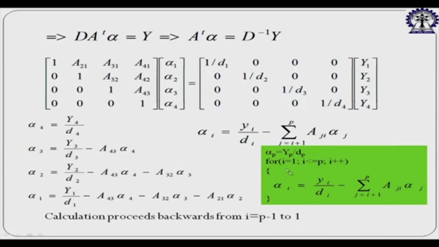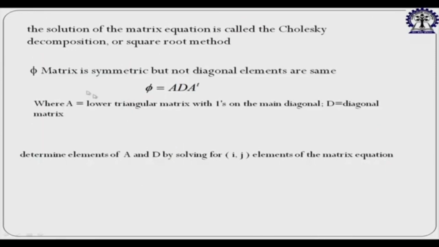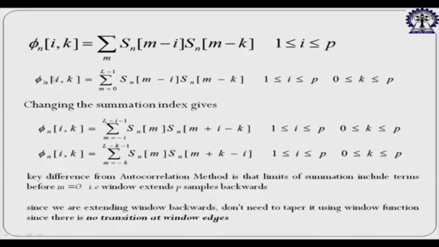Using this matrix decomposition technique, I can also calculate the alpha values if I know the phi values, because phi ik is nothing but this one within the window.